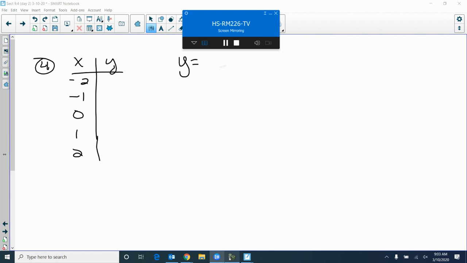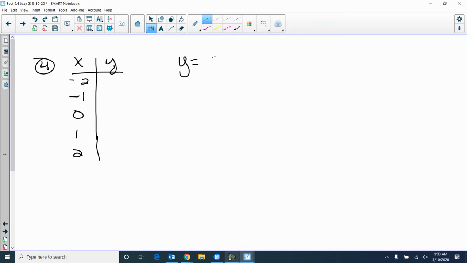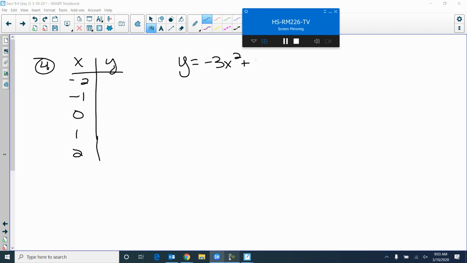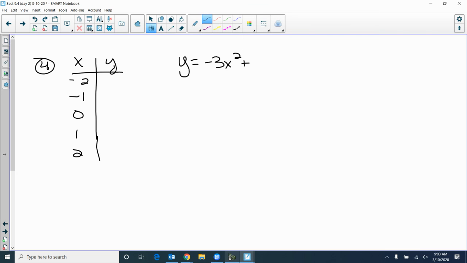Y equals negative 3x squared plus 5 for that one. All right, I'm gonna let you go from here. Do you remember the equation for the axis of symmetry? That is x equals, that's gonna come up on one of these problems.